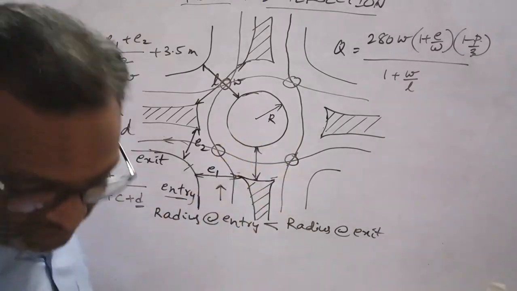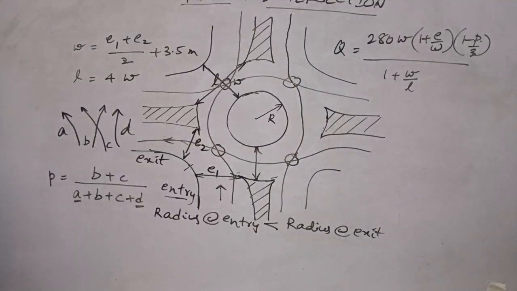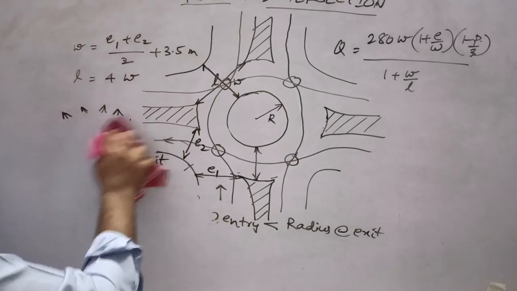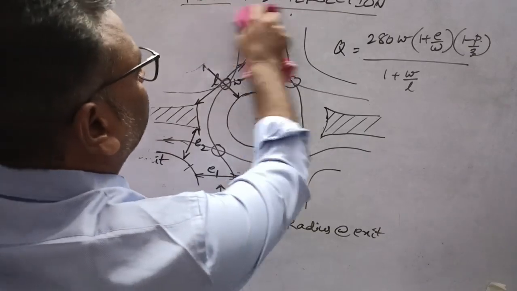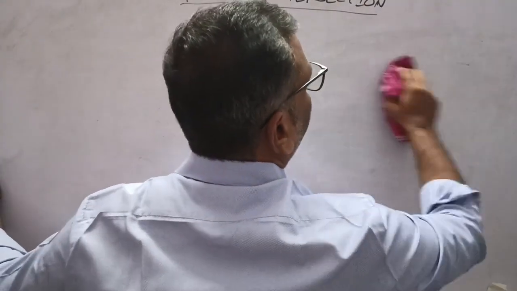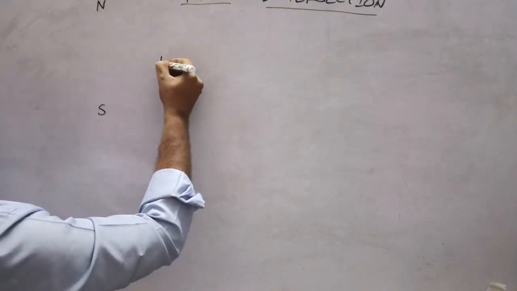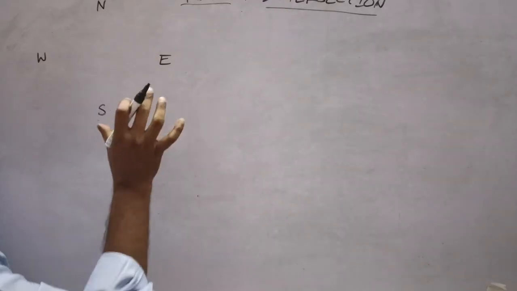Now I will give you some data and I will solve with you, and we will determine the capacity of a rotary using that formula. So we will take simple data. So north, south, east and west. I will take multiples of 25.